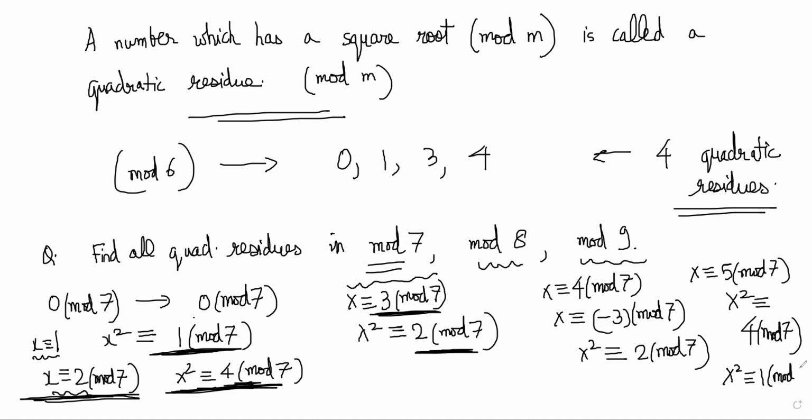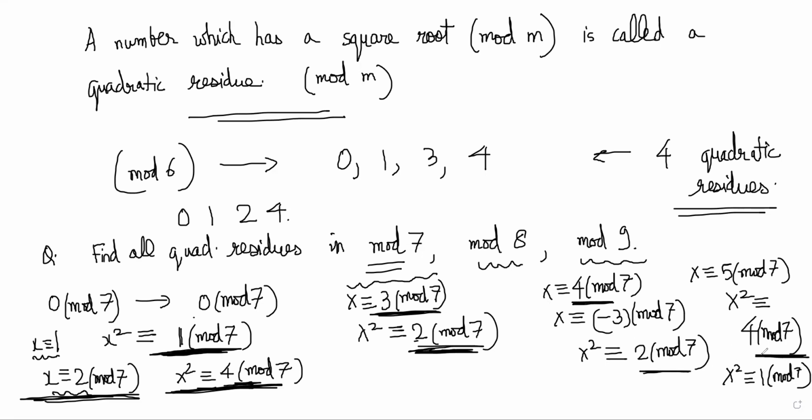So what pattern I want you to notice is that for mod 7, the residues are 0, 1, 2, 4. And what happens is the quadratic residue was 1, then 4, then 2, and after that it was again 4, 2, and 1.